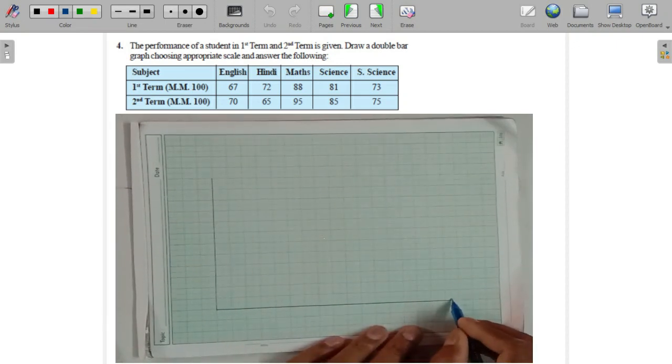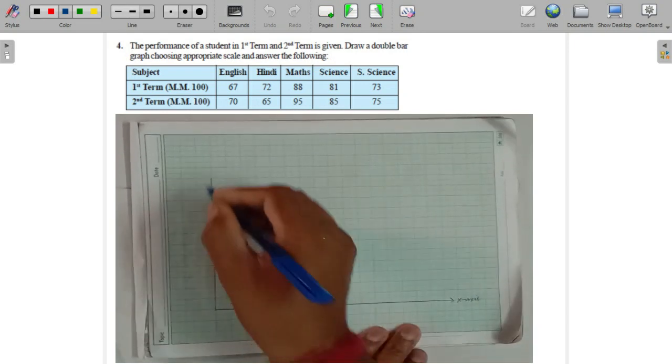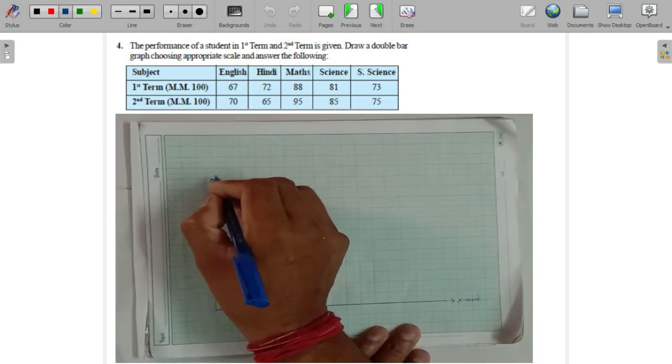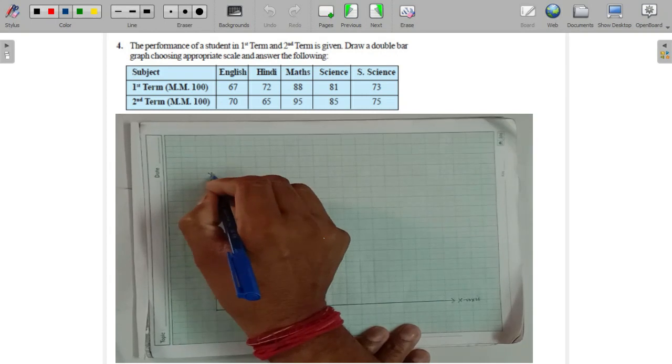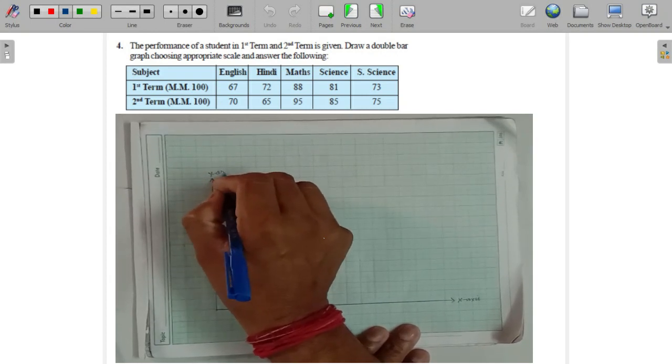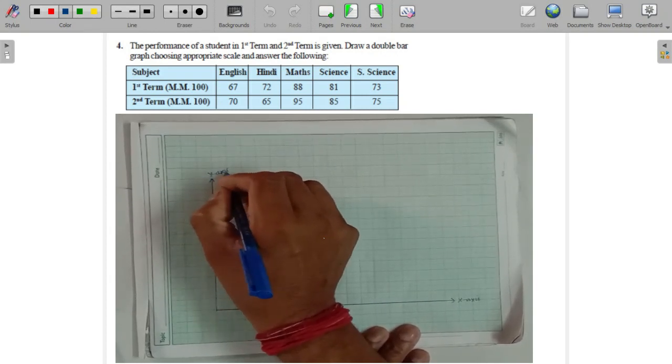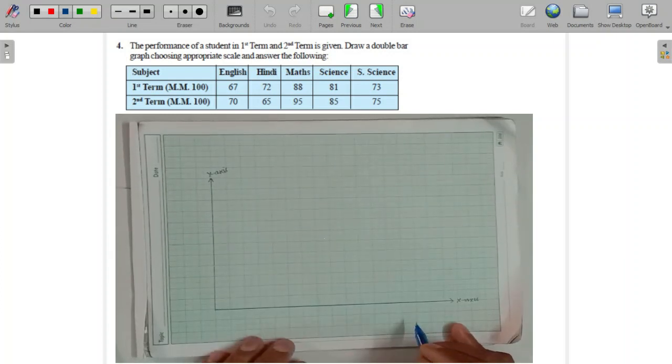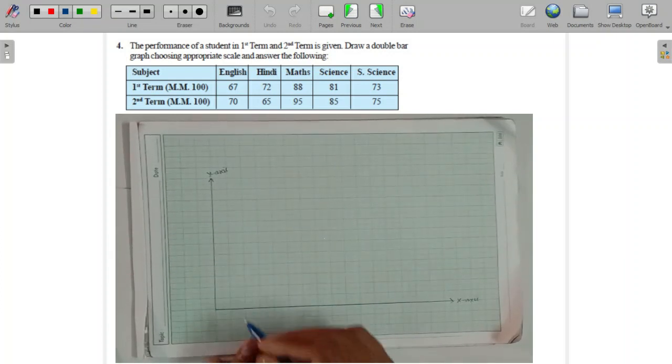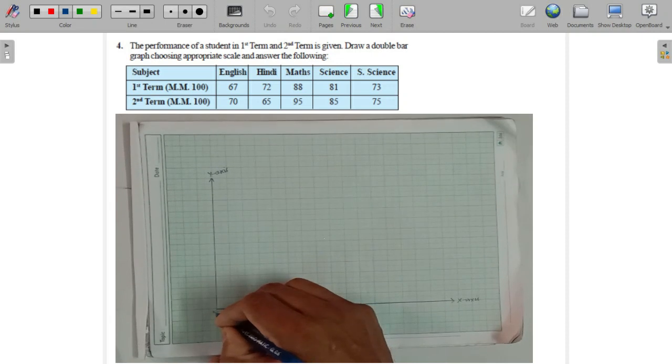Here write down x-axis, and here write down y-axis. On x-axis and y-axis, they intersect at 0.